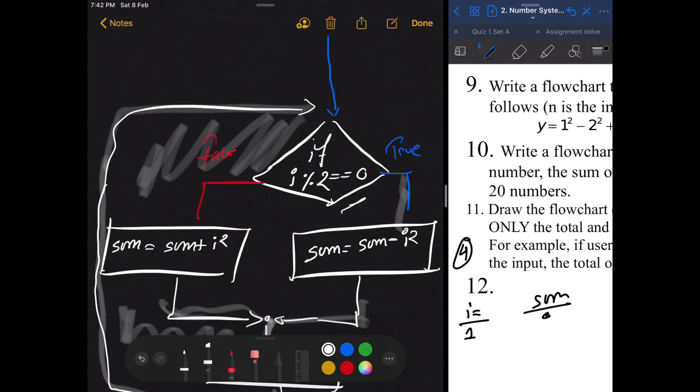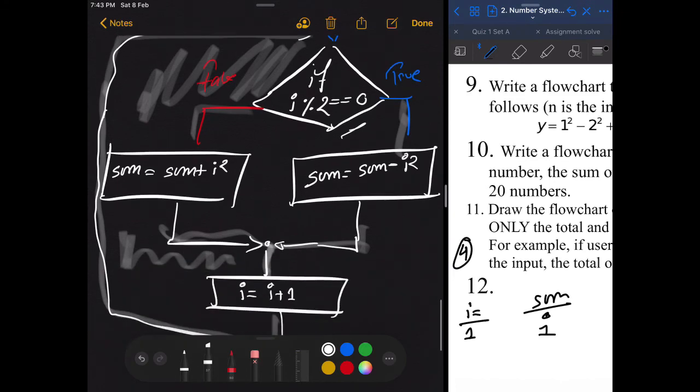Then we are going to mod the value of I. So 1 mod 2 is not equal to 0, so that would be false and it would go in this portion, and sum equals sum plus I square. That is 0 plus 1 square, which is 1. Then we go down and we increase the value of I, so I is now 2.